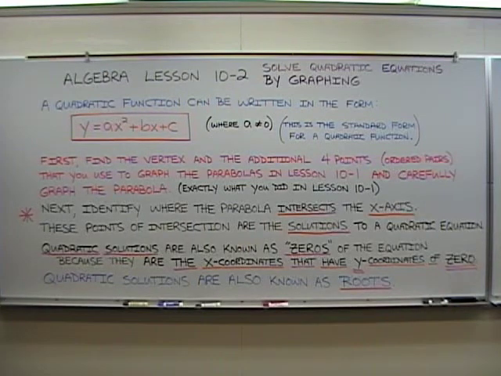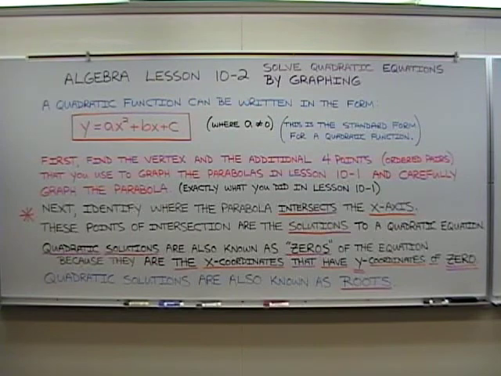You notice further down in the notes it says quadratic solutions are also known as zeros of the equation because they are the x coordinates that have y coordinates of 0. What does that mean? It means that when we're graphing our parabolas today, we're going to find where our parabolas intersect the x-axis.